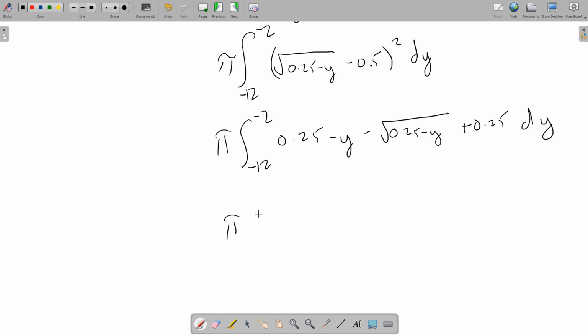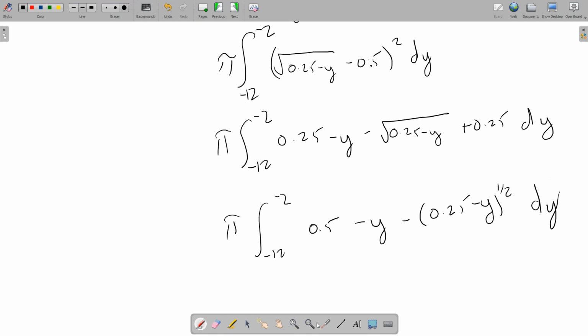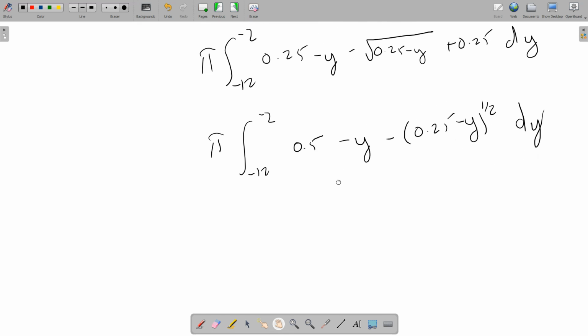So I'll get pi, from -12 to -2, and then 0.25 and 0.25 gives me 0.5 minus y, and I'll write this like this to make it a little easier to conceptualize when I'm factoring, 1/2 dy, and I'm off to the races, ready to integrate.